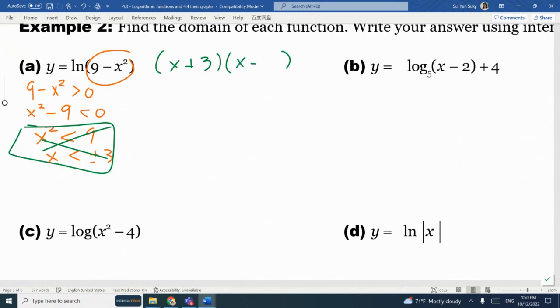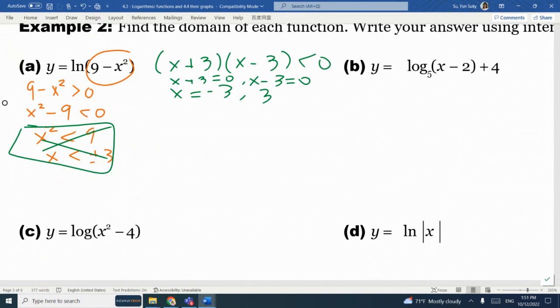Yeah, very good. And what's the critical number? -3 and +3, right? Critical numbers: you set each factor equal to 0 and solve for x.